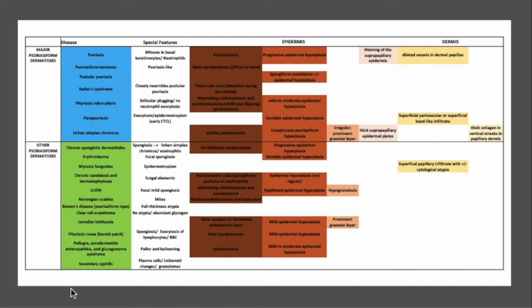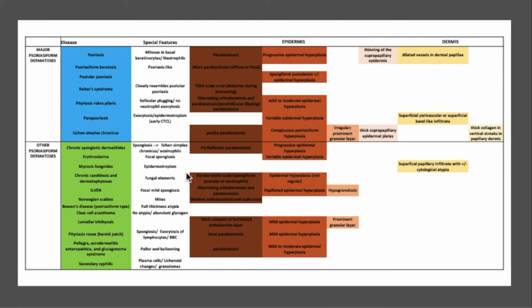Finally, I will leave you with this table I made. I don't think psoriasis is very difficult to recognize, but some people like to study the different features in each disease. So I created this table for people if they prefer to visualize different features, where I included the same categories as Weedon: the major psoriasiform dermatoses, and the other psoriasiform dermatoses.